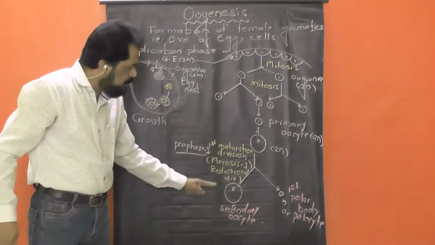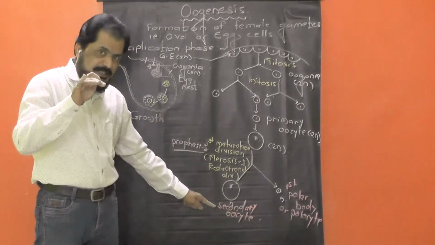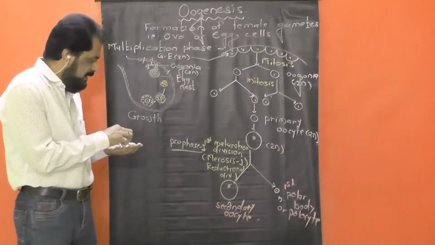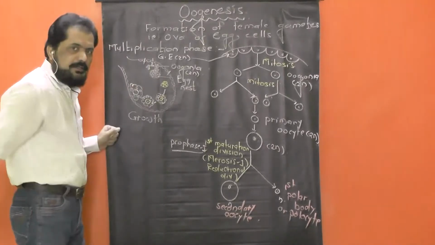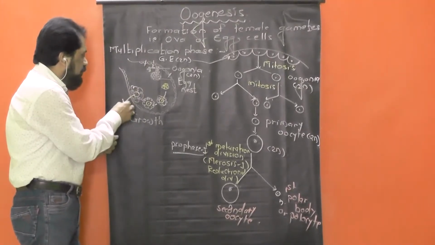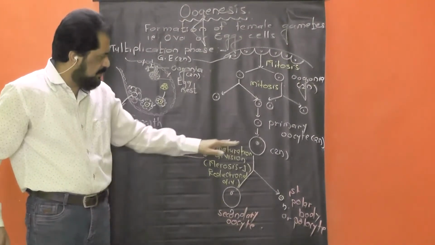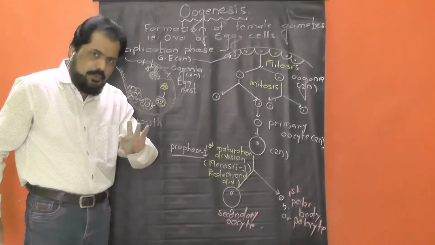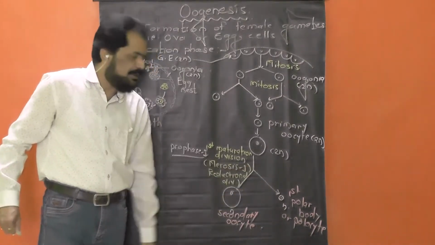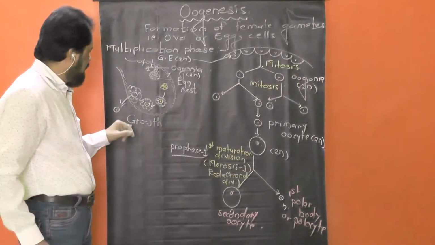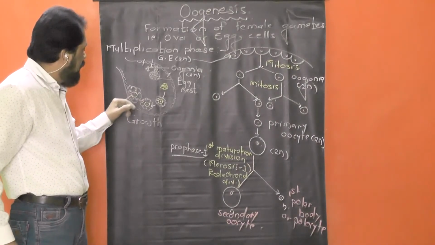This first maturation division and the formation of secondary oocyte takes place within the Graafian follicle, or exactly at the time of ovulation. अर्थात प्रायमरी oocyteचं फर्स्ट मॅच्युरेशन डिव्हिजन पूर्ण होऊन सेकंडरी oocyte तयार होऊन एका बाजूला फर्स्ट पोलर बॉडी तयार होणं, ही प्रक्रिया होत असते या ठिकाणी ग्राफियन फॉलिकल मध्ये किंवा एक्झॅक्टली ॲट द टाइम ऑफ ओव्ह्युलेशन.